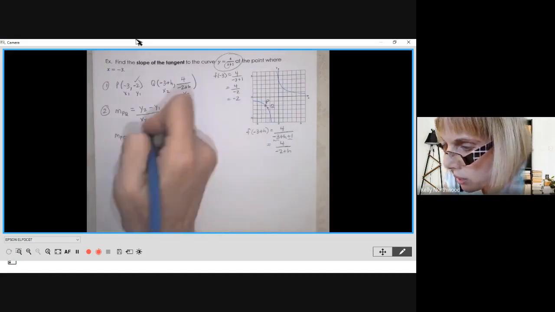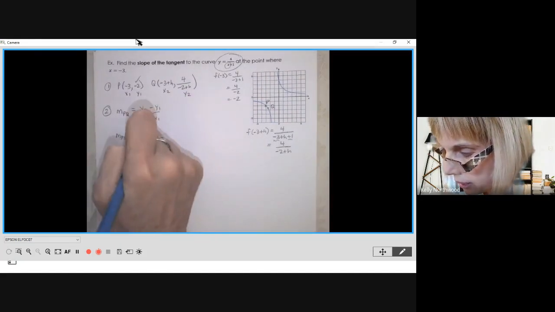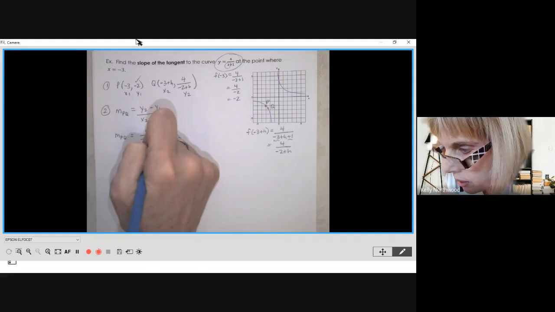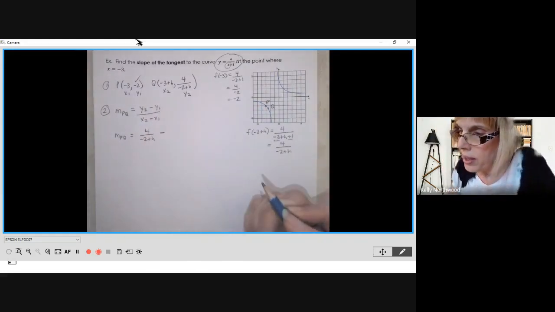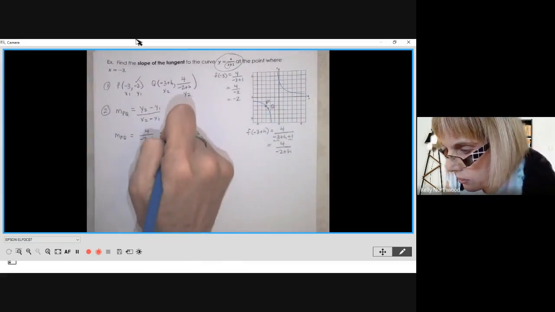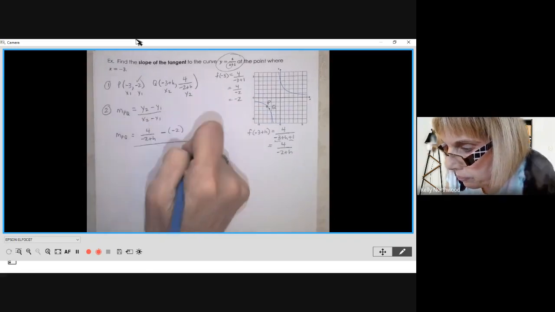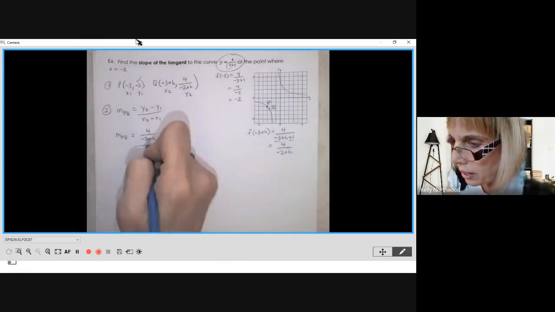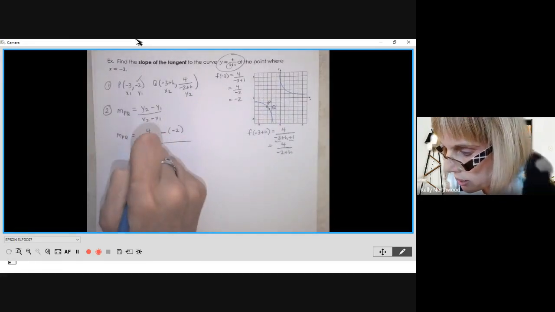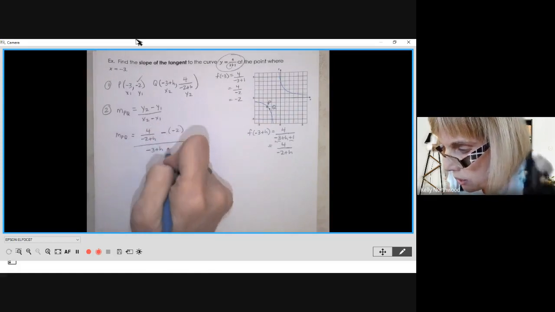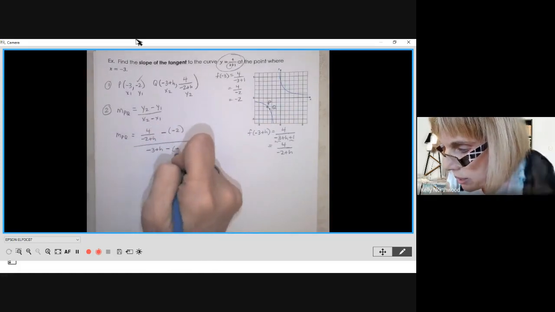So y2 is 4 over -2 plus h, and y1 is -2. And x2 is -3 plus h, minus x1 is -3.